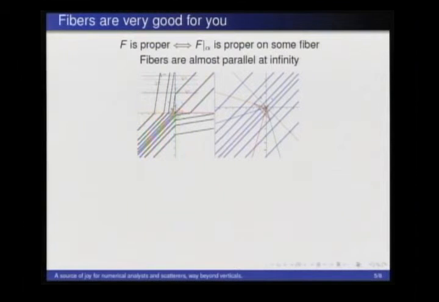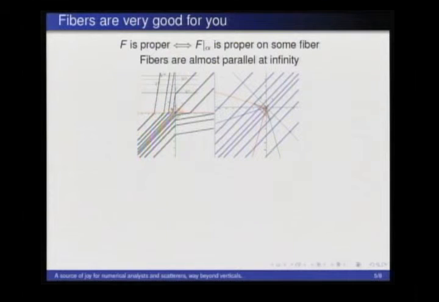I mean, those are vertical lines. The fibers are the inverse of vertical lines. Notice, by the way, that in this example, which is so simple, all fibers eventually become parallel, both at minus infinity and plus infinity. This happens also for this general case here.